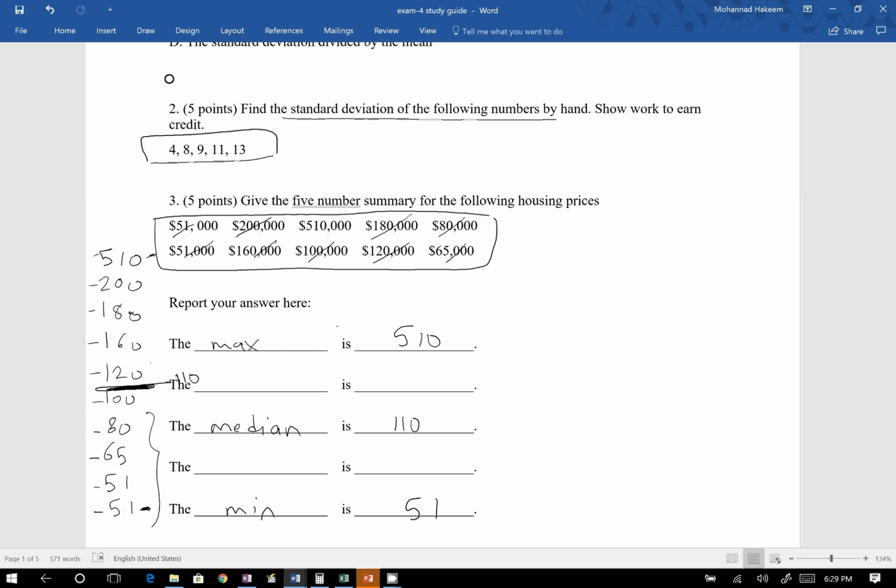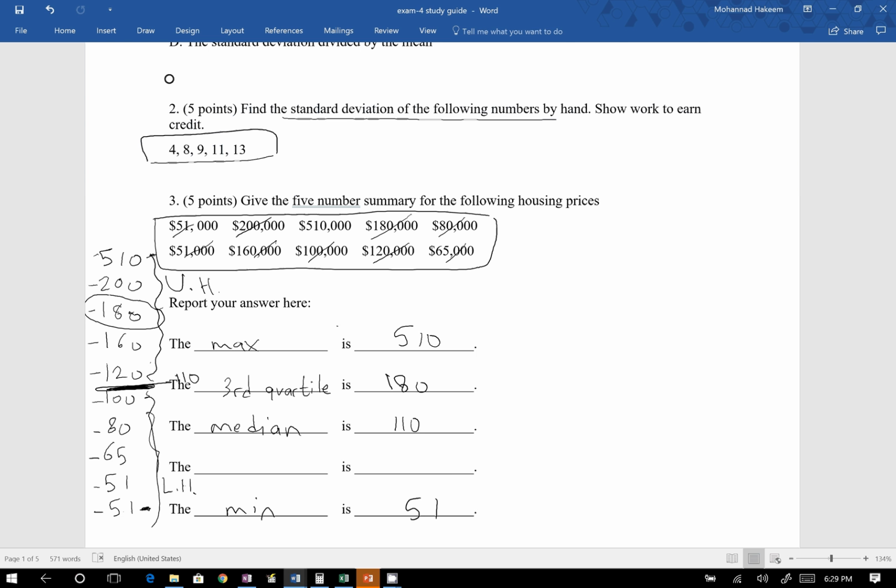Now, since this is the median, this median divides the set into two sets, the upper half and the lower half. So this will be the median of the upper set. So the 180 is the median of the upper set, and we call this the third quartile.